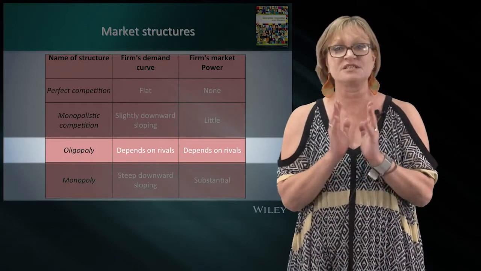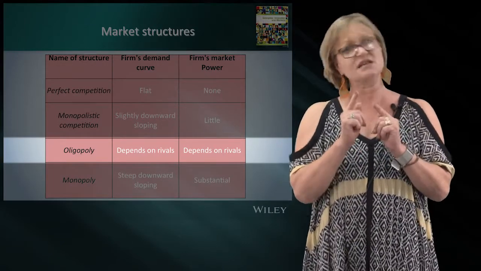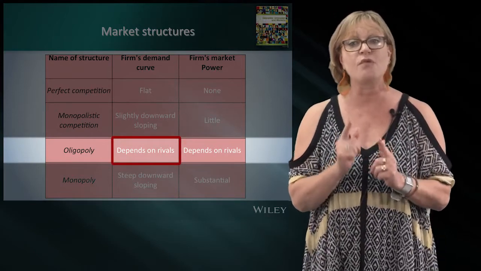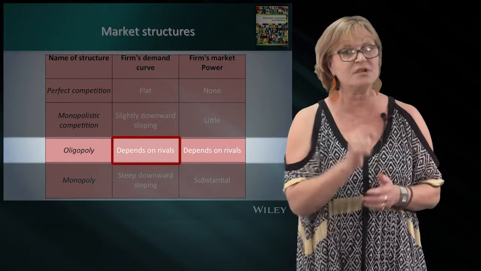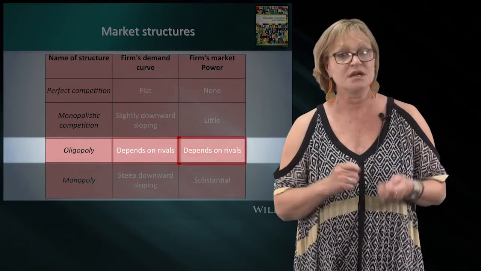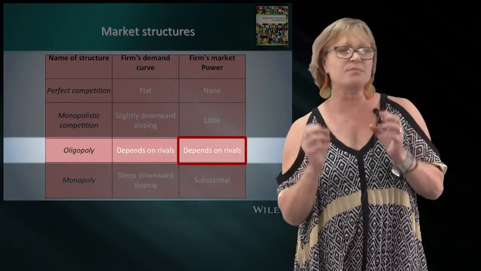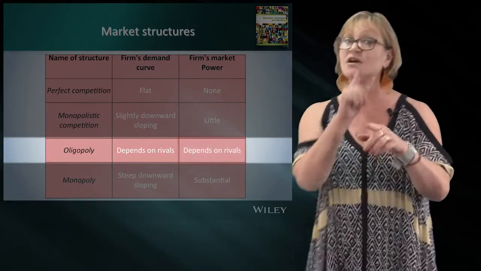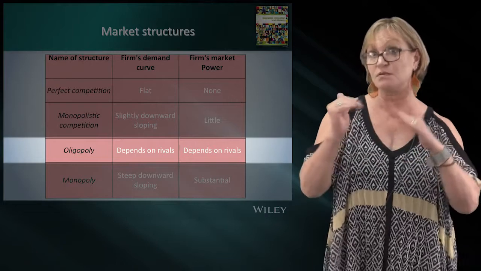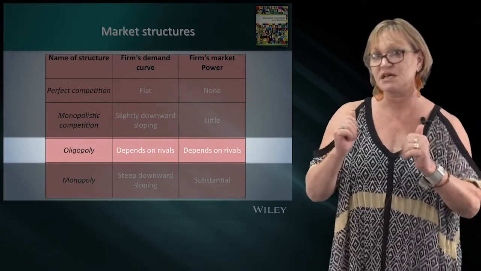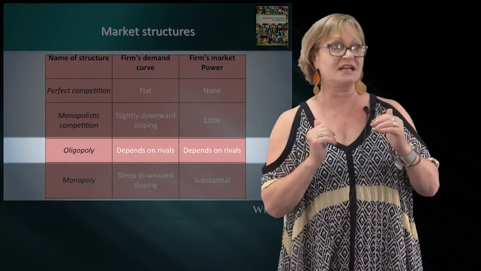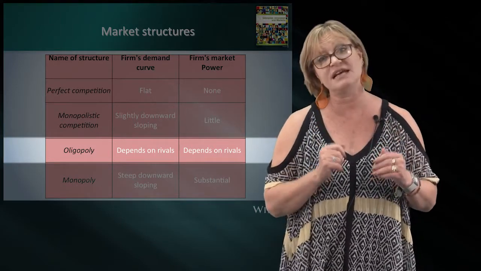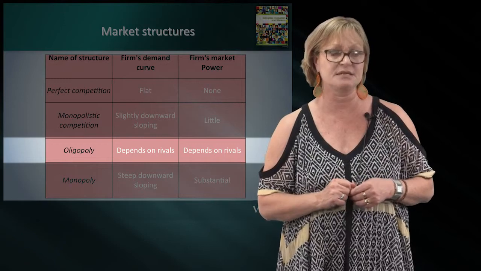As far as the firm's demand curve goes, this is going to very much depend on your rivals and what your rivals are doing. And the same goes for the power of the firm. So we can expect to see quite hefty competition going on in here. Think about Coles and Woolworths and the way they compete on price, and the way they try to promote their particular supermarket brand as being better for various reasons.